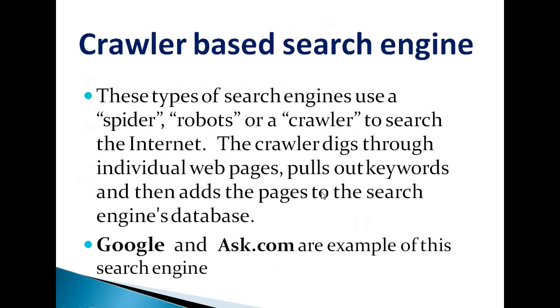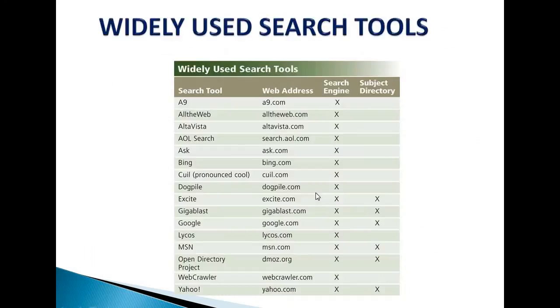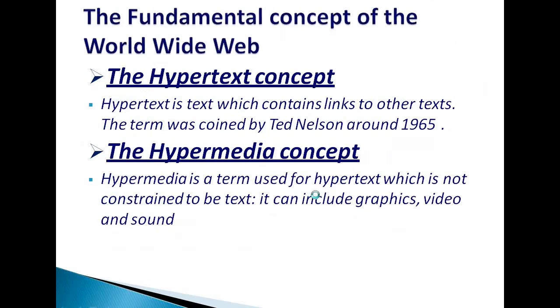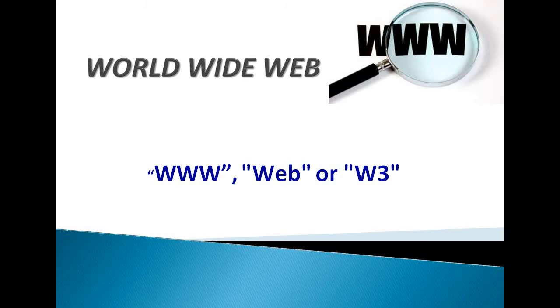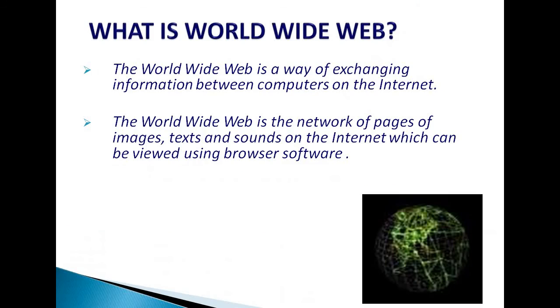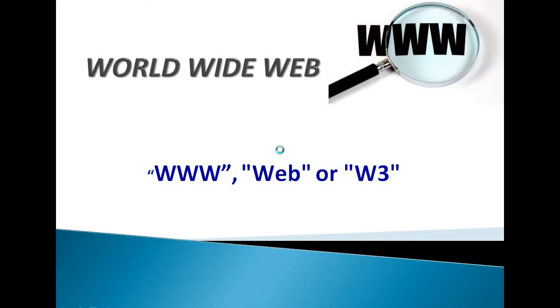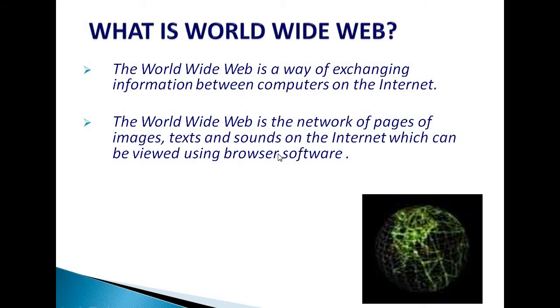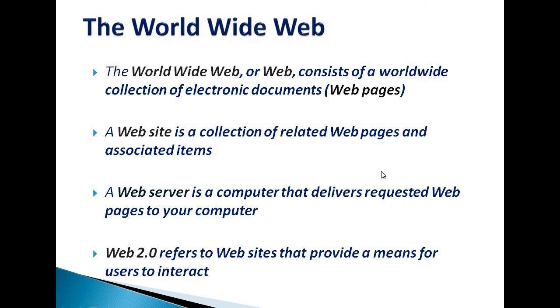So here, students, let's revise a little bit about the slide which is related to the www and search engine. Here www means W3 and web, which is basically useful for exchanging information in the form of text, image and sounds. And in our next slide, the World Wide Web is a collection of related web pages which are associated with each other, in the form of text, images, documents.